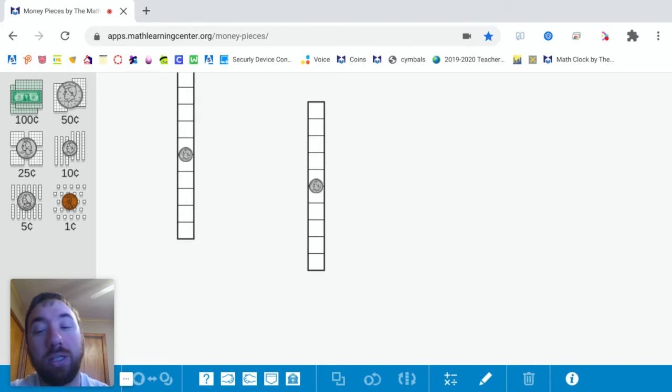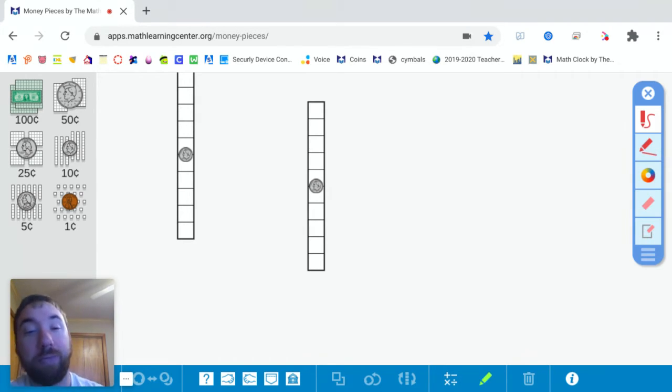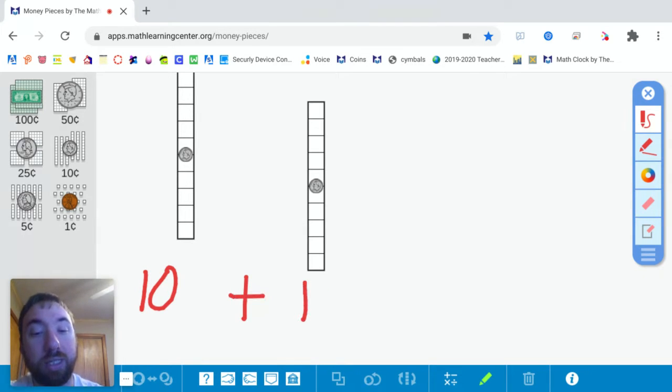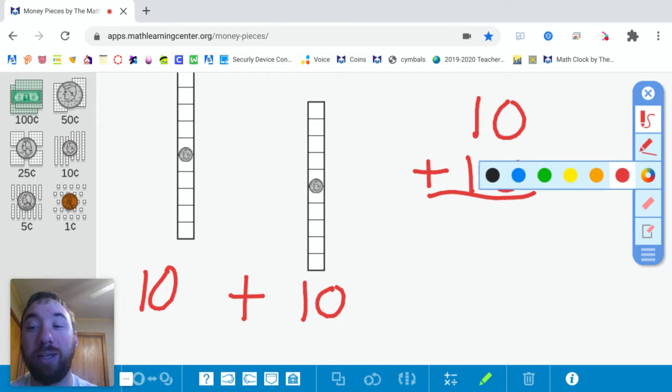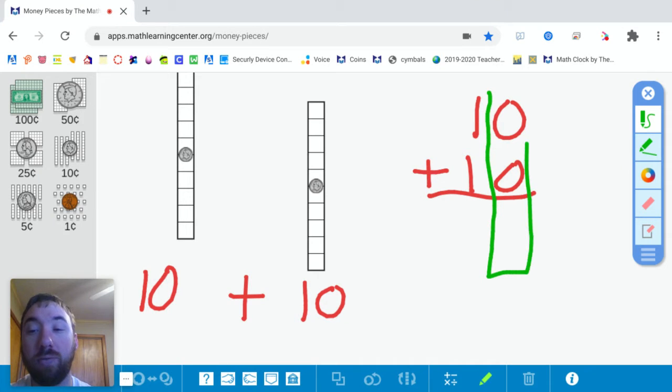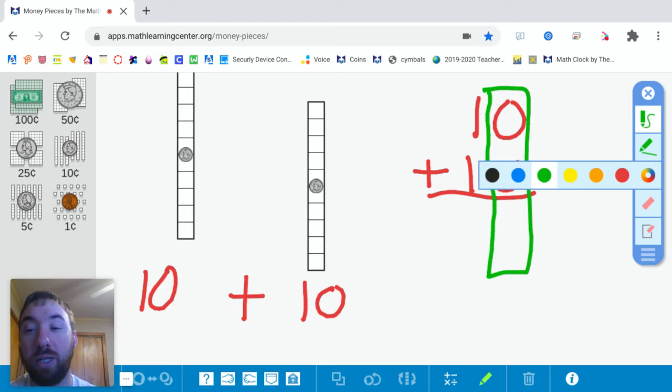It's worth 10. So if we're counting this, this is 10 cents here plus 10 cents here. What is 10 plus 10? Well, if you don't know, we can actually stack and add these just like when we do our addition. You add this column first, which 0 plus 0 is 0, right?